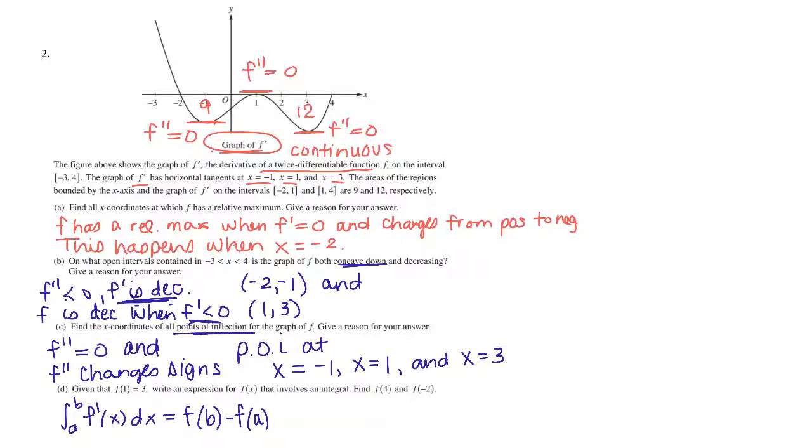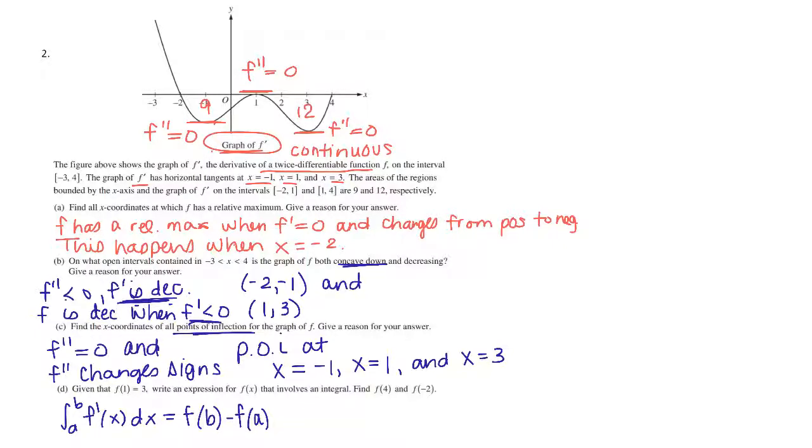So let's talk about maybe an integral that we could set up. You're going to have to set it up so that if we are going to integrate, I've got to come up with an f at 4 value. So somewhere in here, I've got to set this up so that I have f at 4. I also have to set up another one so that I know a value for f at -2.